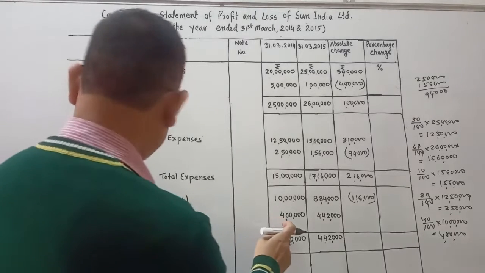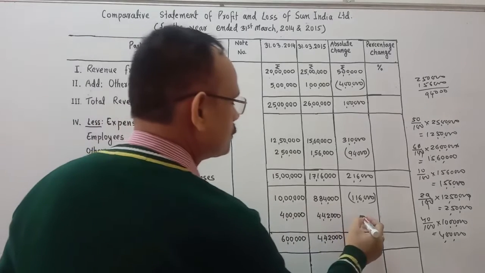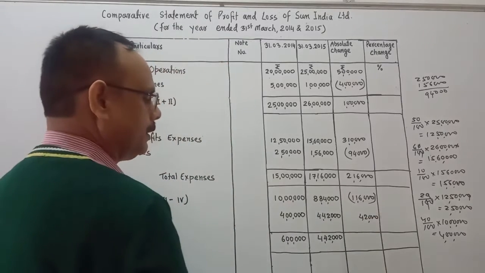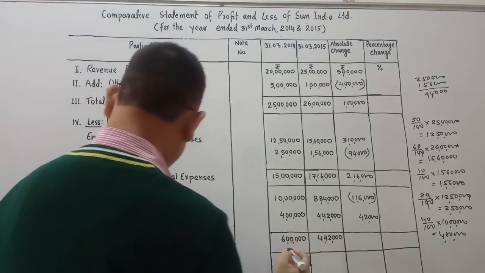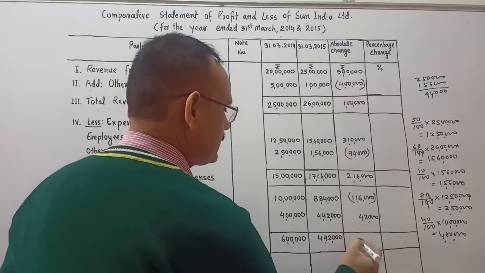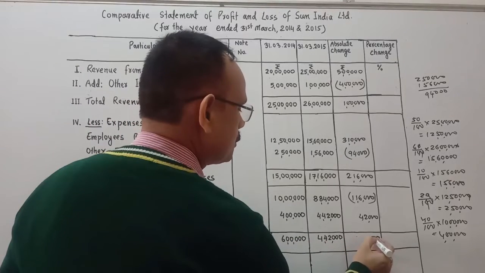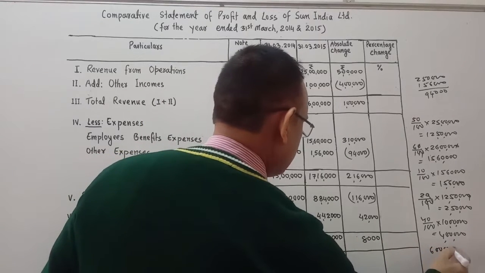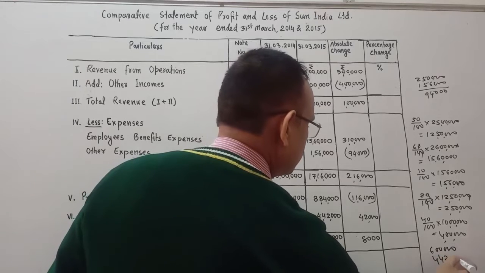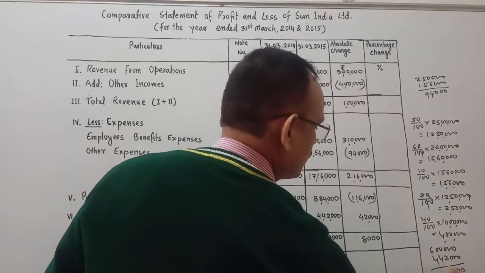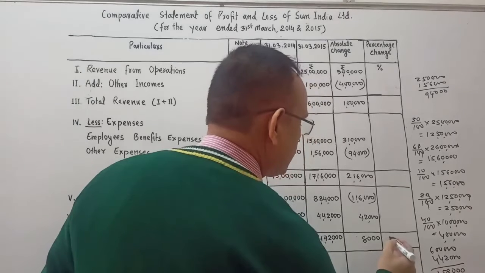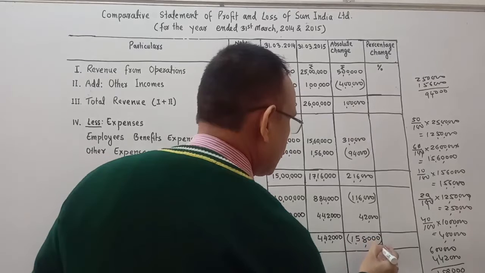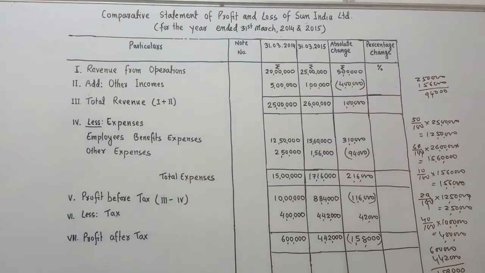Next is your tax, 4 lakhs to 4 lakh 42. So it is increased by 42,000. Now in total, profit after tax is 6 lakhs minus 4 lakh 42, so it is decreased by 1 lakh 58,000.